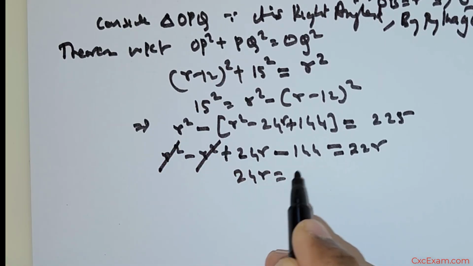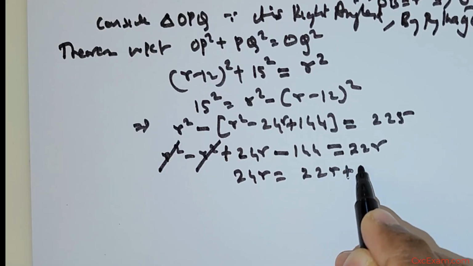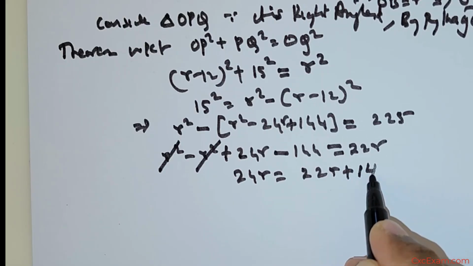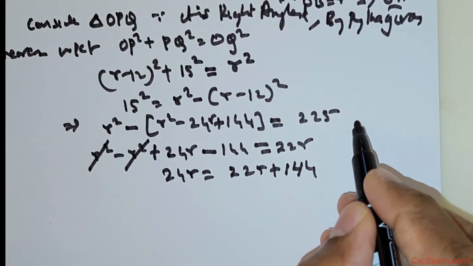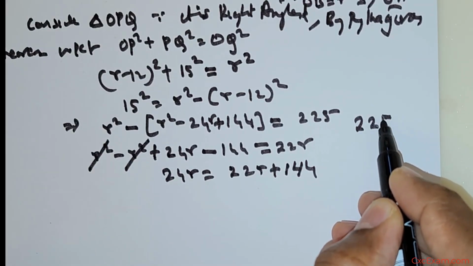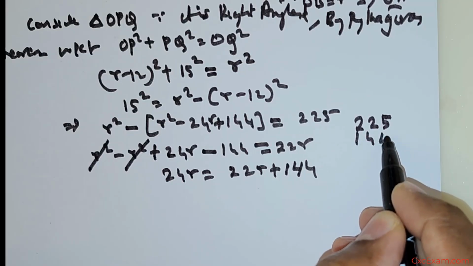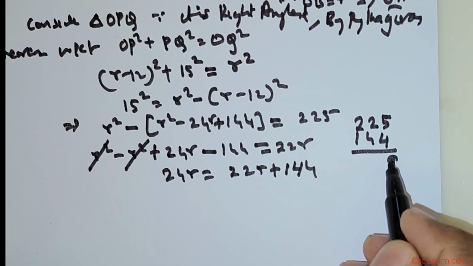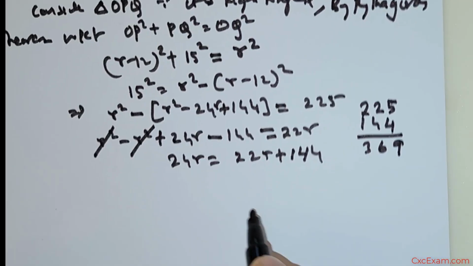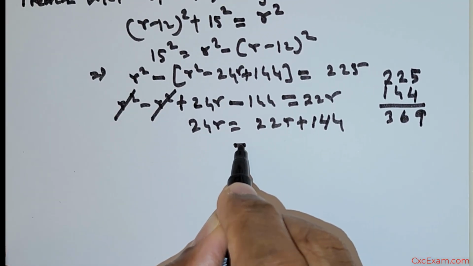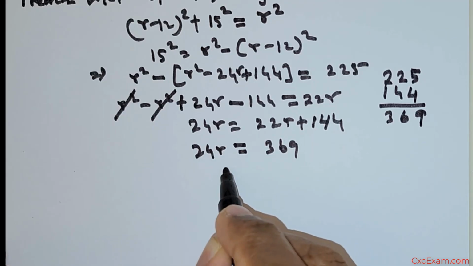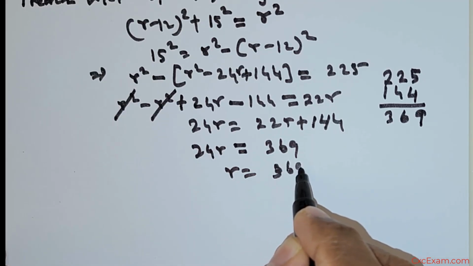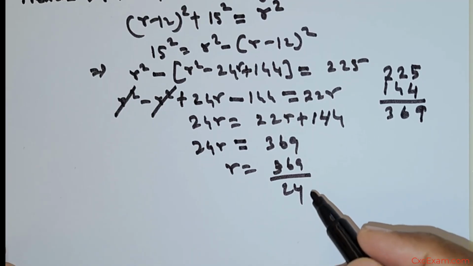So you have 24R is equal to 225 plus 144. This is what we've got. So 225 added with 144 is going to give me 369. So 369 is equal to 24R. Therefore R is equal to 369 divided by 24.